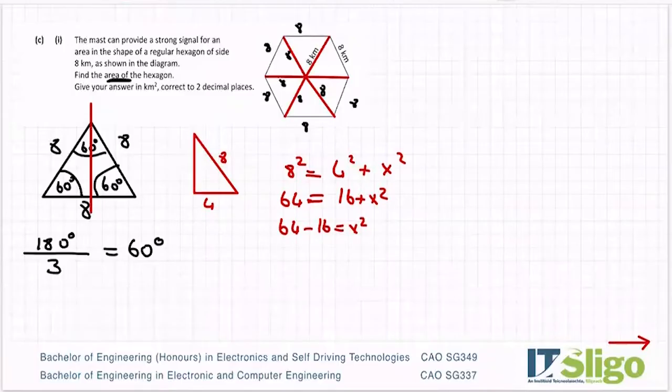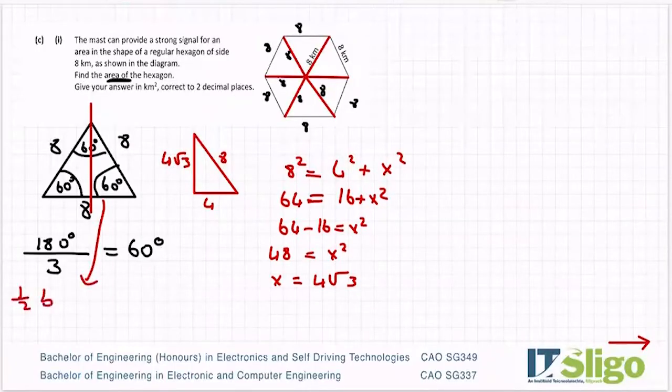What I'm trying to show you is that there's normally more than one way to do trig. So this is 4√3. Okay, so now you can do half the base by the perpendicular height. It's half the base by the perpendicular height.